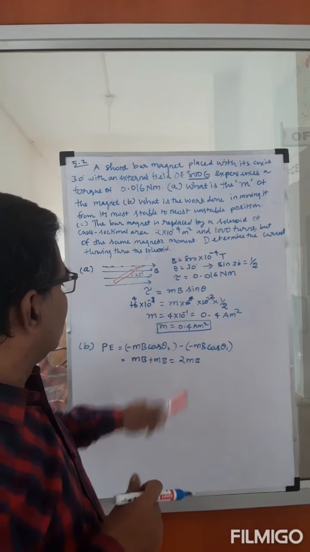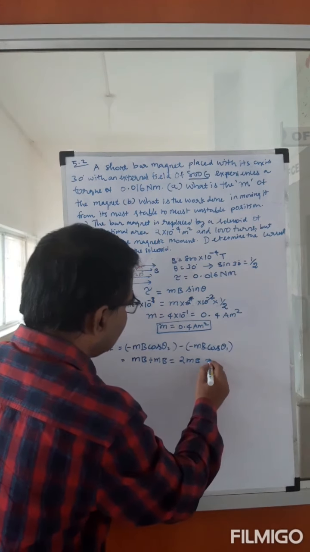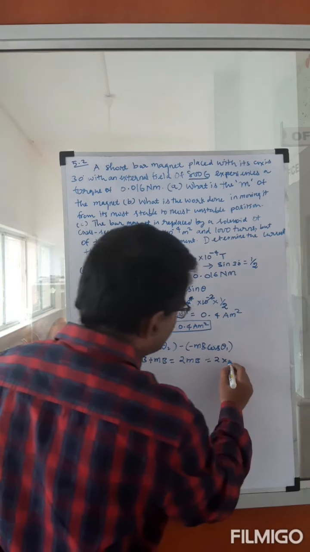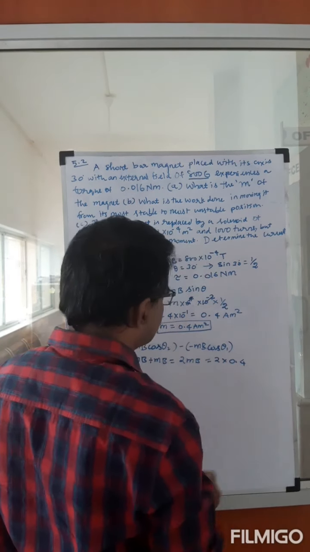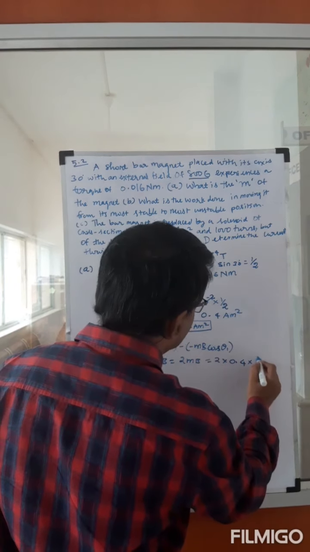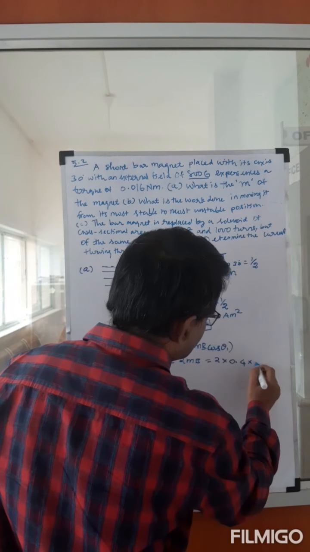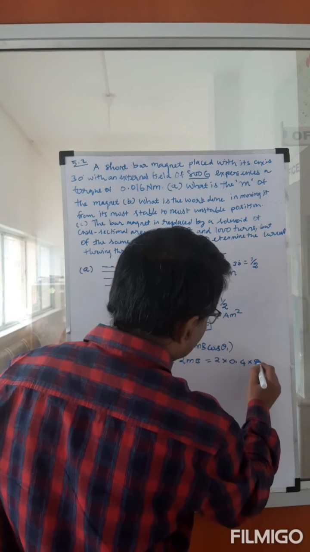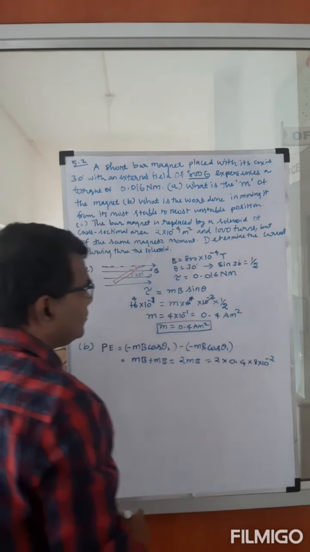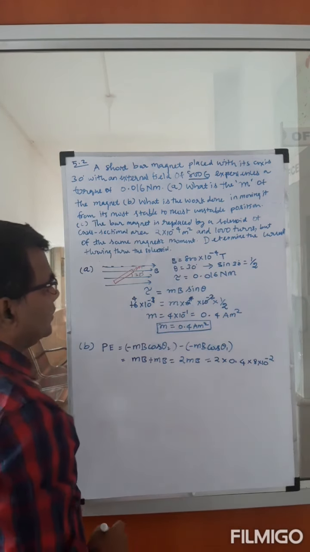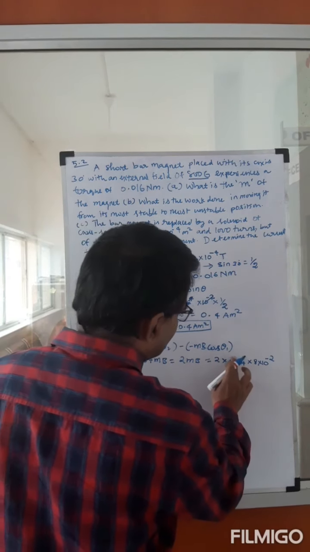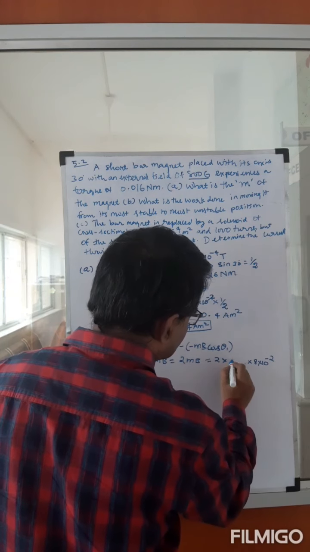So this is equal to 2 into m, just found out to be 0.4 ampere meter square, multiplied by B, which is 800 into 10 power minus 4, or it can be written as 8 into 10 power minus 2. I can write this as 4 into 10 power minus 1.